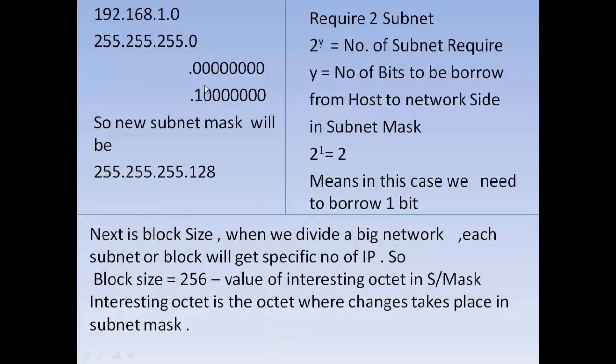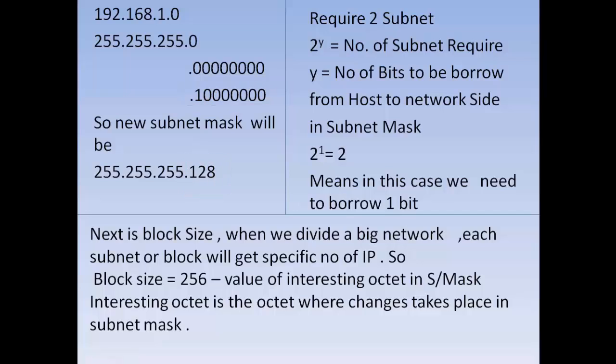Or the second method: in this case, how many bits are we borrowing? I have borrowed only 1 bit. So what is the value of the last bit that I have borrowed? 128. So this is also the block size. In my next example I will show you if I borrow 2 bits, or 3 bits. The simple method is 256 minus the value of the interesting octet.